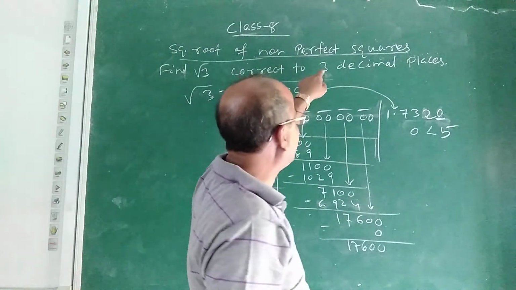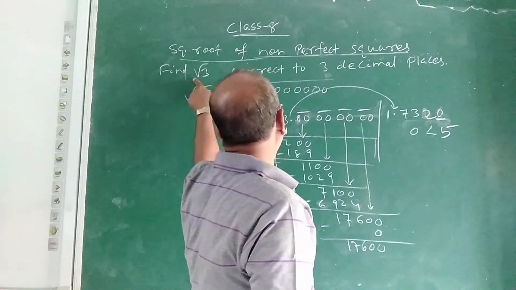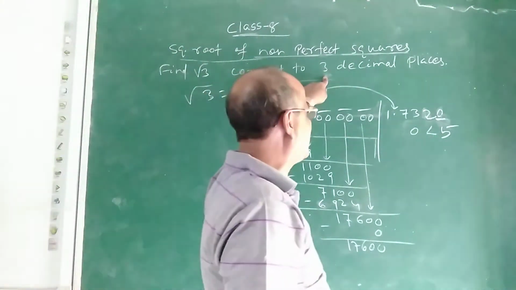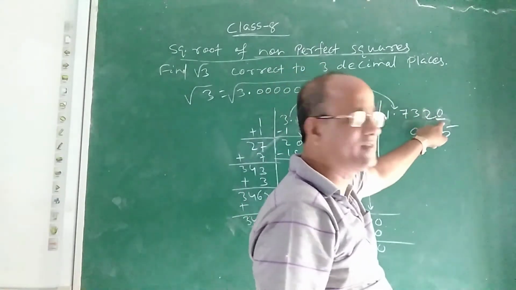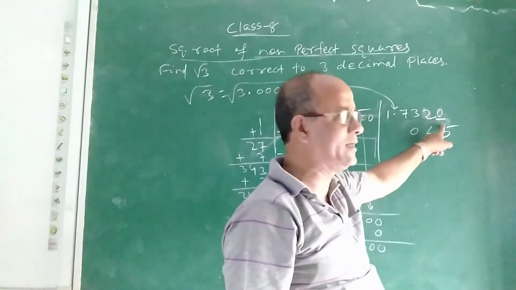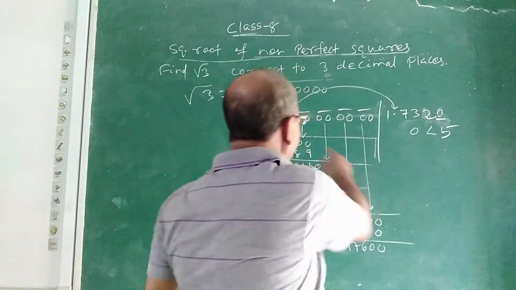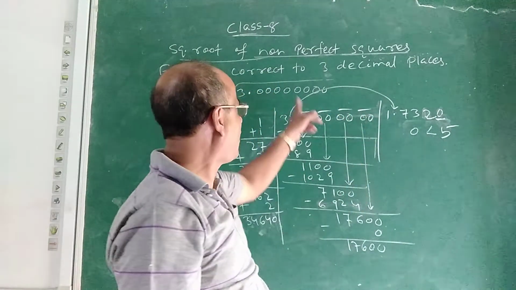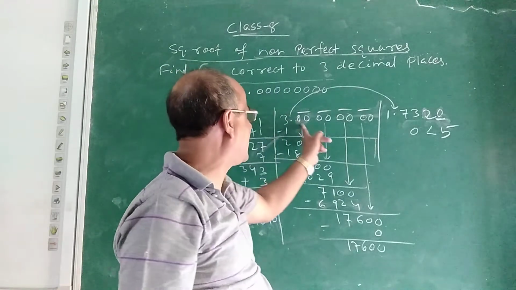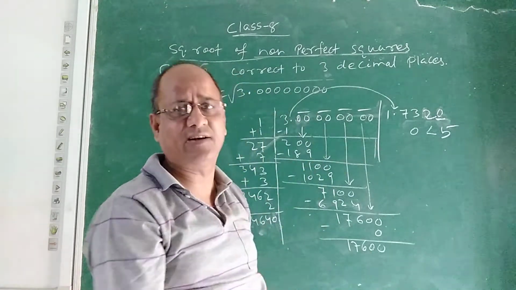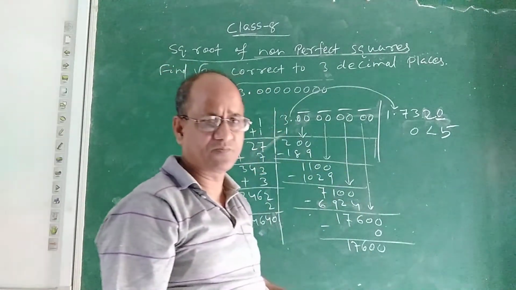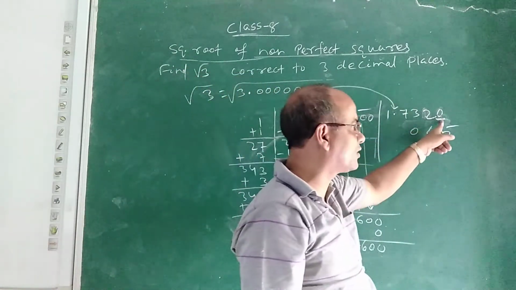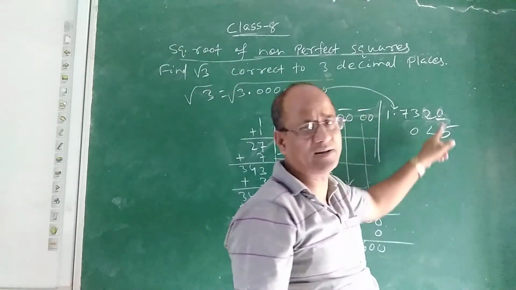So since we want to find the square root of 3 correct up to 3 decimal places, we have got a 4th place here. And why did we get this 4th place? We got it because we have taken 8 digits after the decimal point, 8 zeros, in the original non-perfect square. And the 4th place must be rounded.